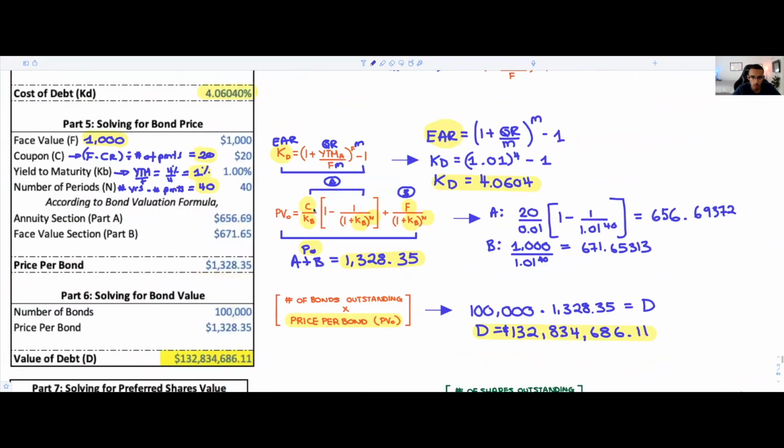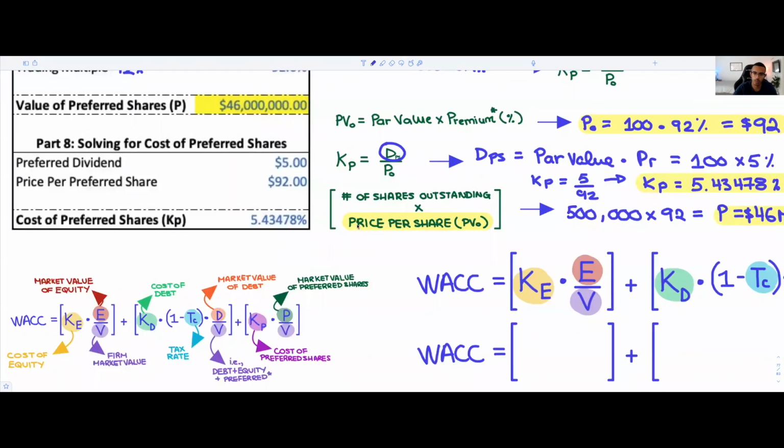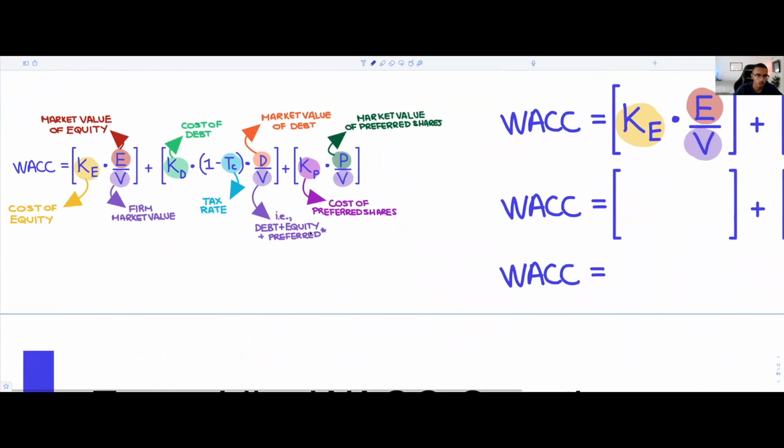So let's highlight what the value of the firm is right now. I'm going to write it right here, and we'll zoom in a little bit. Now that we have all of these values, if you add all the numbers that we had prior, the value of the firm is going to be equal to 191,939,226.